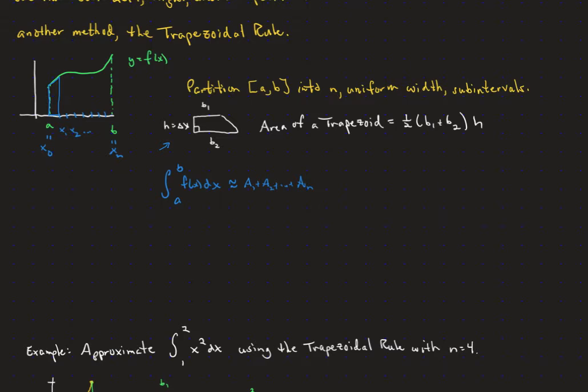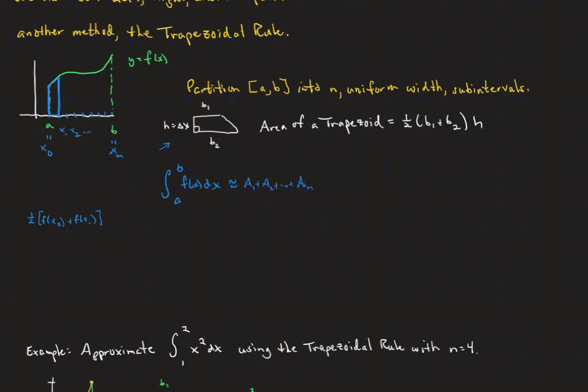So that means our first trapezoid is going to have this base being f of x sub 0, that's the value of the function at x sub 0. And this base is going to be f of x sub 1. And we're going to multiply that by 1/2 from our formula.